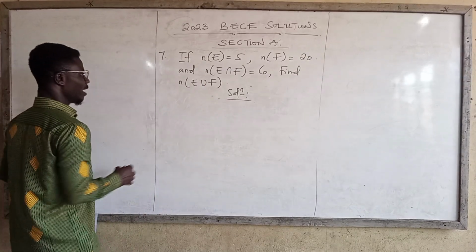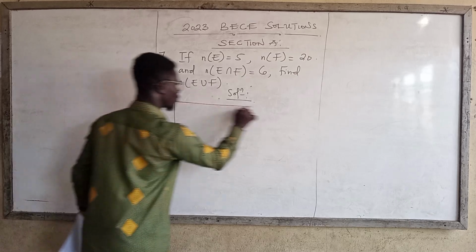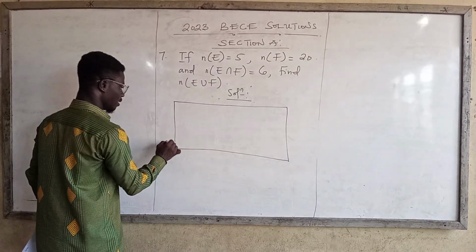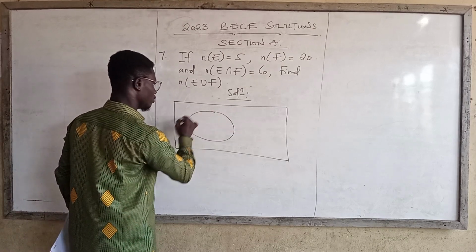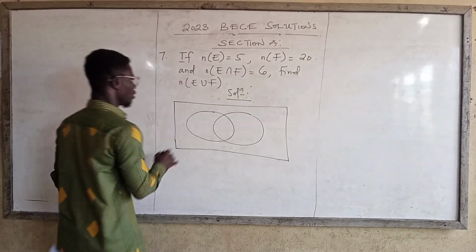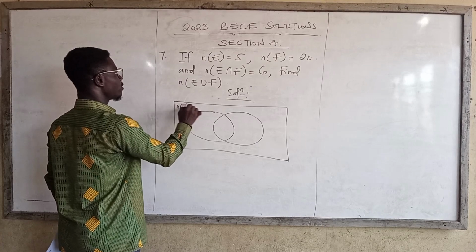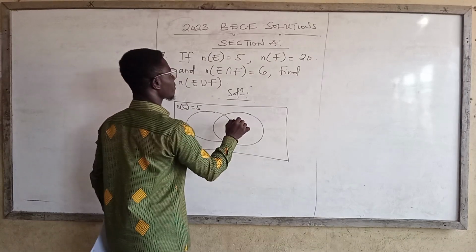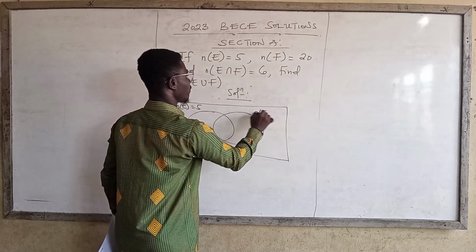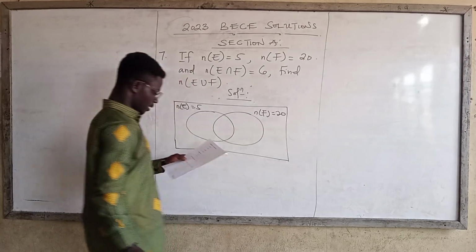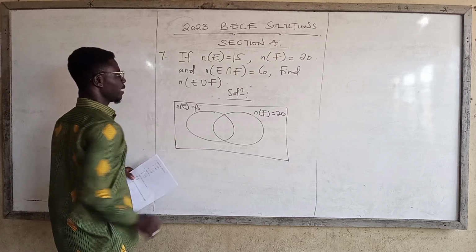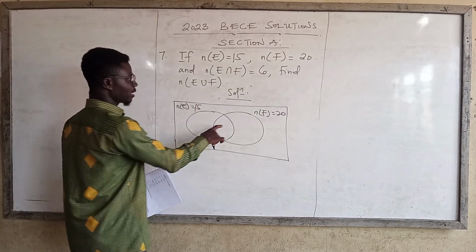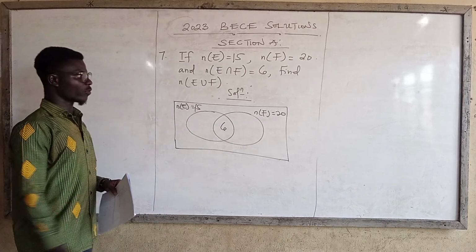So now let's draw our Venn diagram to see. I have n of E, which we have 5, n of F, which we have 20. Oh, sorry, it's 15, sorry. Then our E intersection F, which is 6, right?